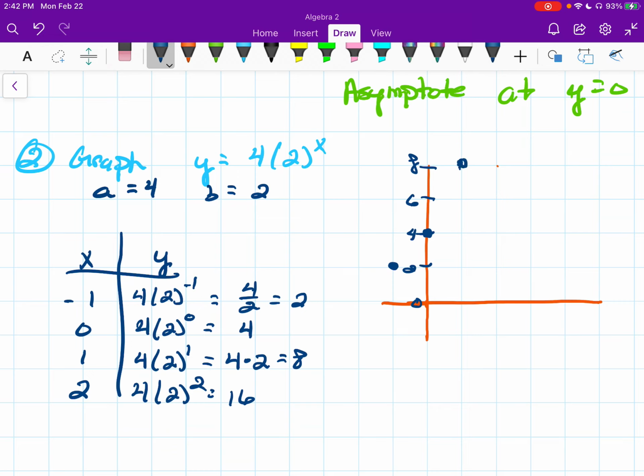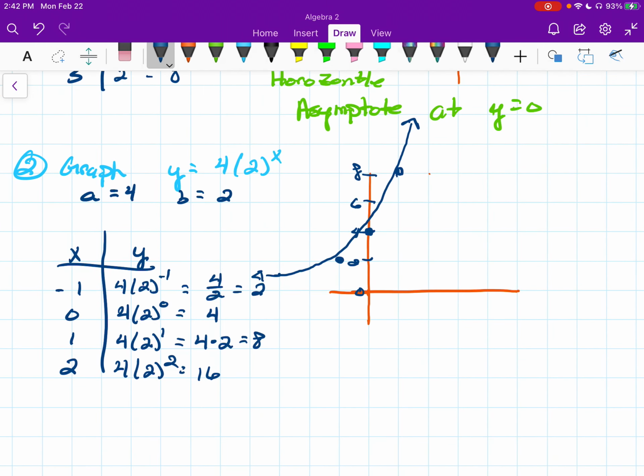And I'm not even going to draw the 16 on there, but I think we can see how this is going to go. It's going to have some kind of very steep vertical like that. Just like that. I think that's all that we need from that one. We'll go on to the next one.